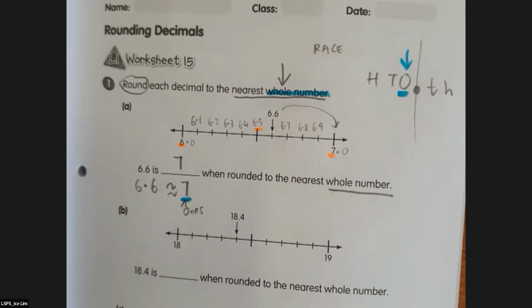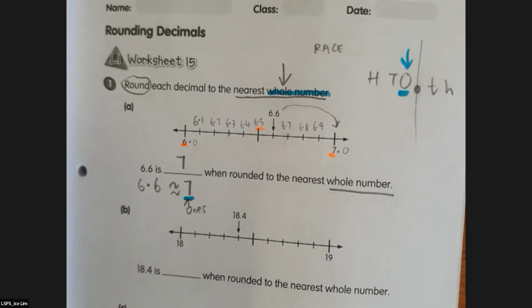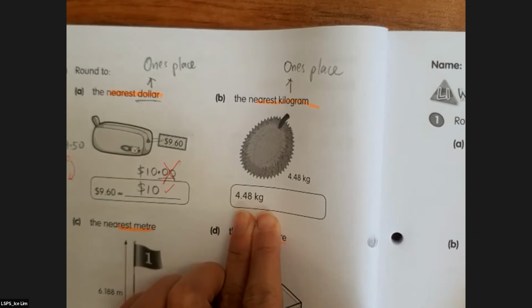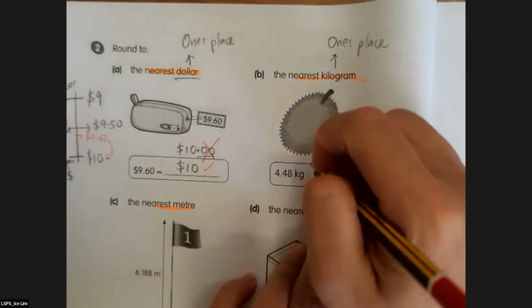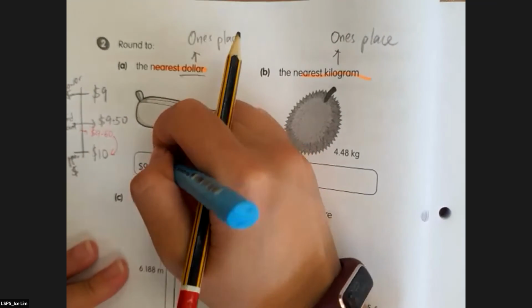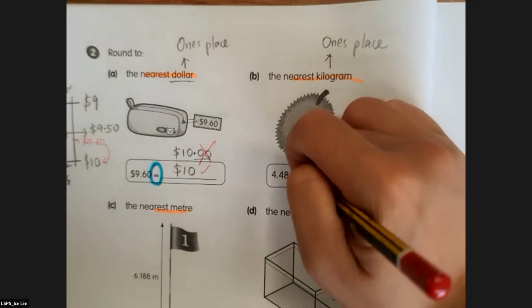The curly sign is very important to show approximation. What am I talking about? Okay, take a look here. This gives you a number, it asks you to do approximation. You need to write down the approximation symbol, the curly sign.